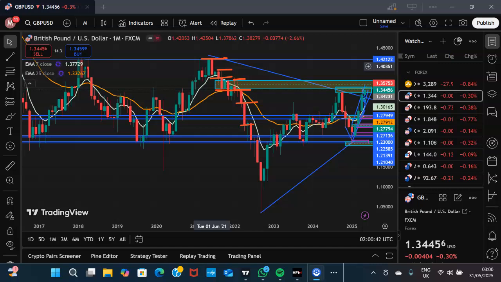And if I expand this chart, probably go to the daily or the weekly chart, you find out that this same pattern continues to repeat itself over and over again.